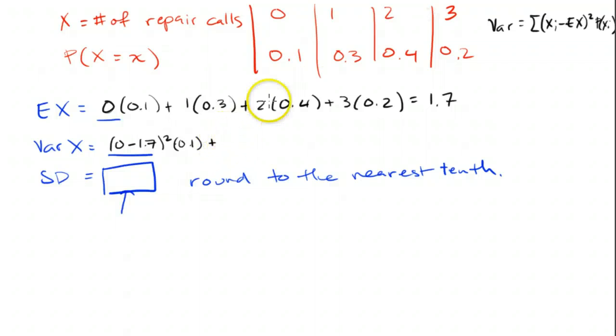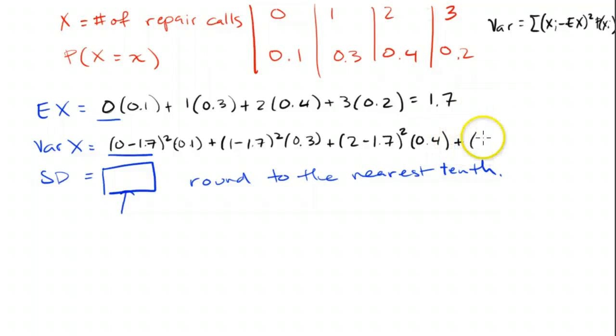Then the next one I have a possible value of 1, so that's 1 minus 1.7 squared times its probability of 0.3, plus 2 is the next one, so 2 minus that expected value of 1.7 squared times a probability of 0.4. And last 3, so we have 3 minus 1.7 squared times its probability of 0.2. And if we calculate that out, you should get 0.81.